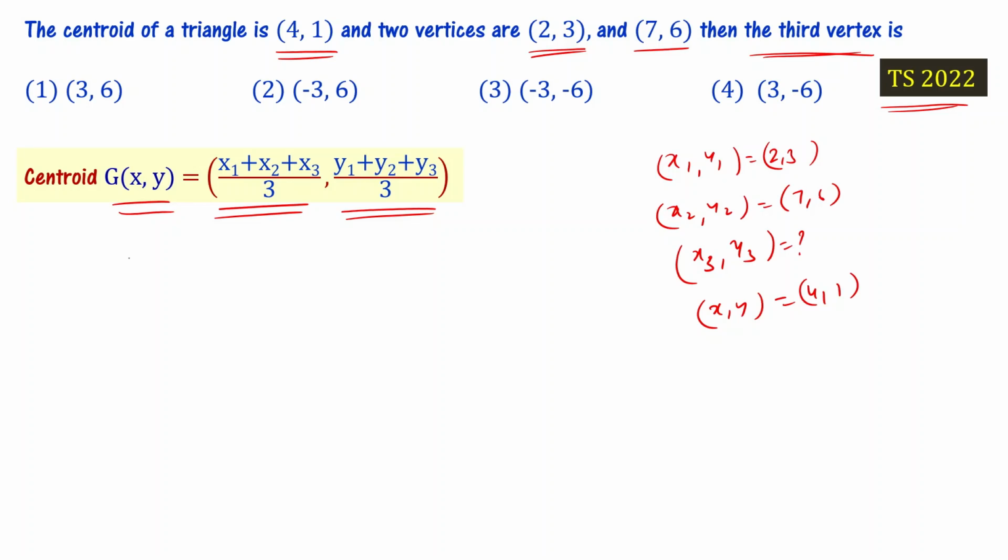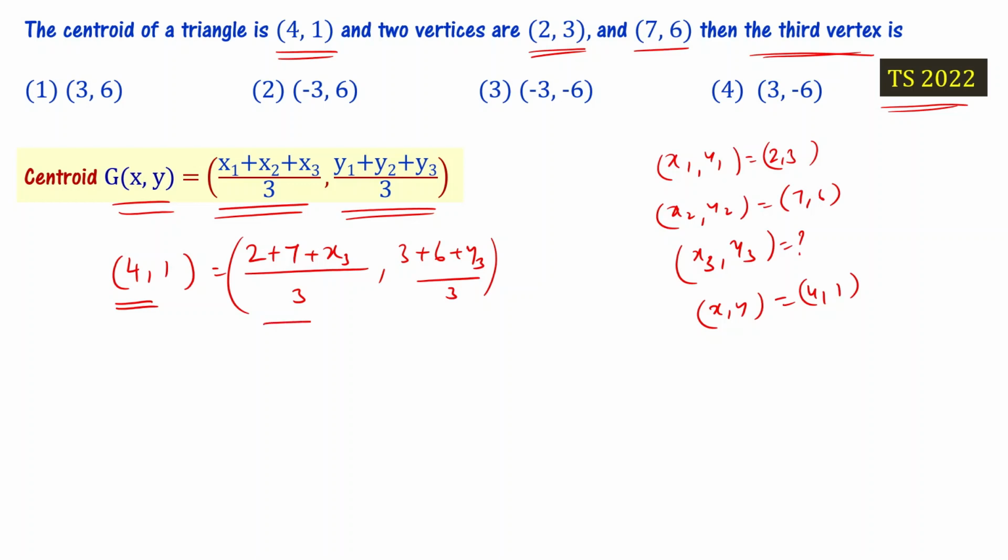Now I can write this as (4, 1) equal to ((x1 + x2 + x3)/3, (y1 + y2 + y3)/3). Now you see here 4 equal to this.